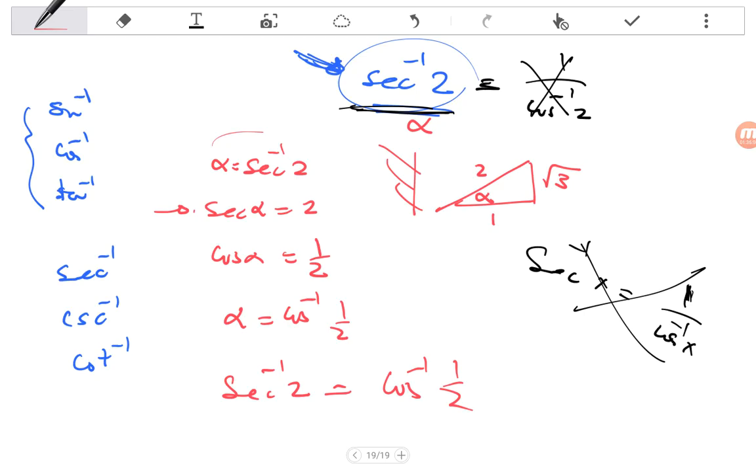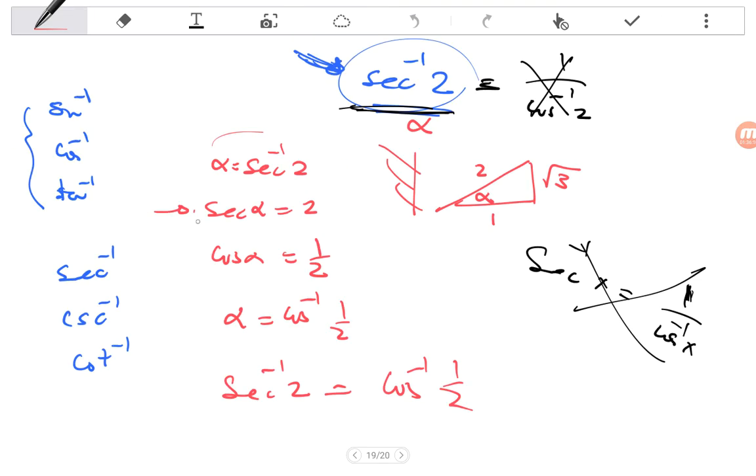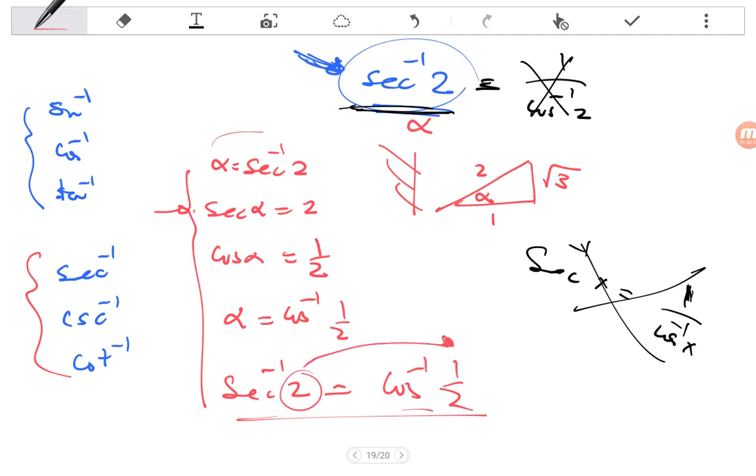Okay? Now, if I told you find the value of cotan inverse of 3. If you understood what I've made now, you can put it on any of these cases. You just find the reciprocal of the value inside, and that function is just the reciprocal of that function outside.